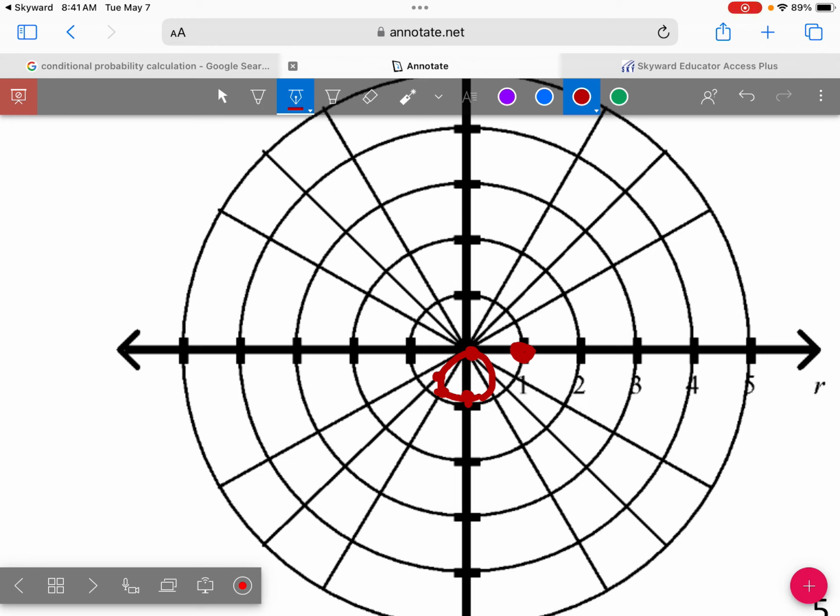And pi is 1. 7 pi over 6 is 2. Kind of forming that loop there. And then I know here is 3. 1, 2, 3.